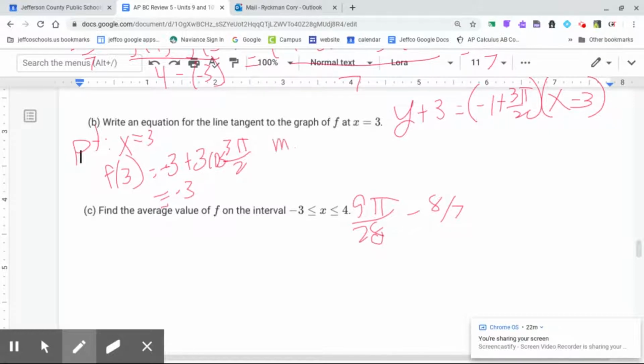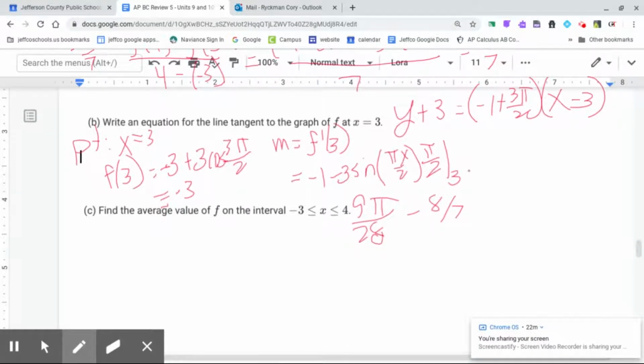The slope is the derivative at 3. The derivative of the function is negative 1 minus 3 sine of pi x over 2 times the inside derivative of pi over 2, evaluated at 3.